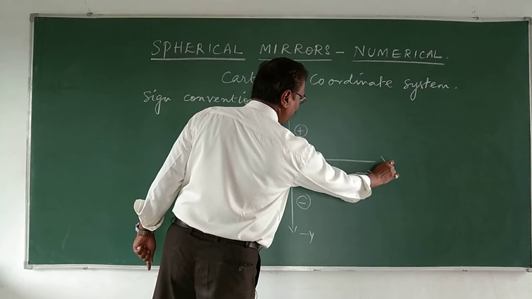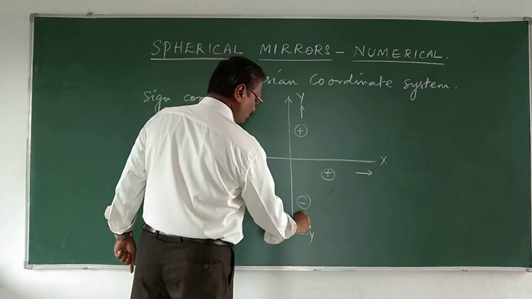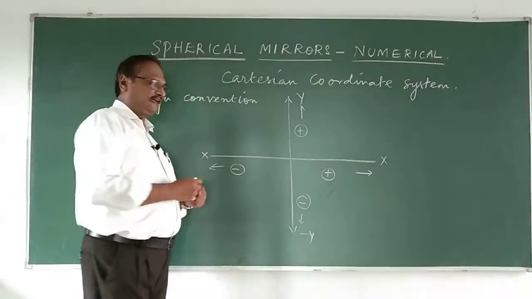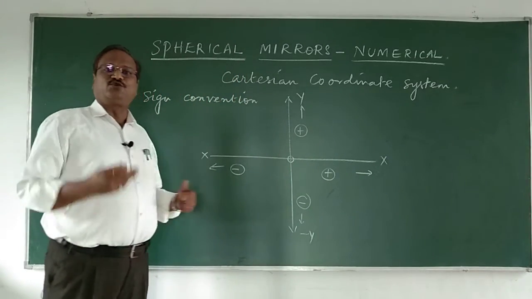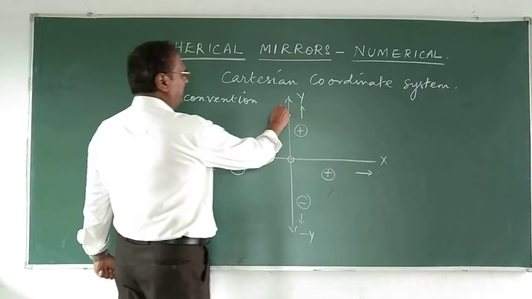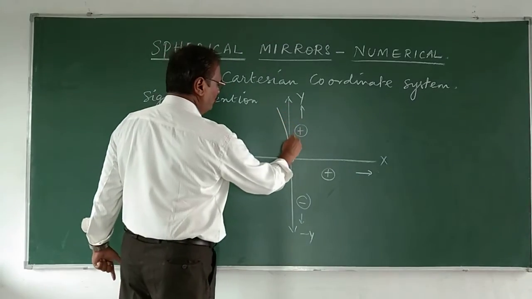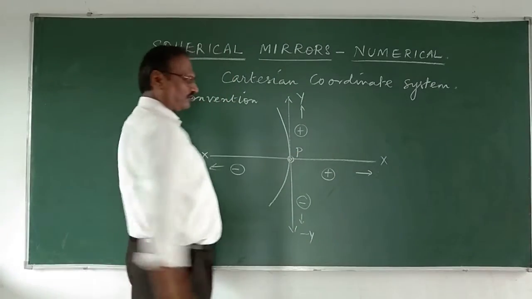So you have basically the four directions you can move, and the point of reference is the origin. How do we use this in optics? We place the mirror with its pole merging. The pole is taken as the origin.